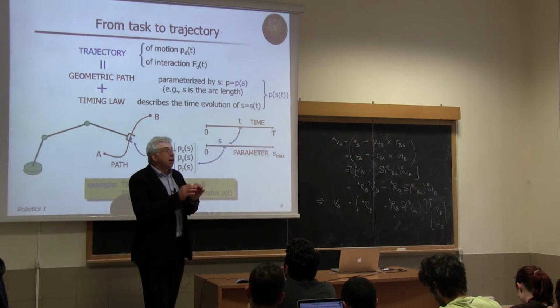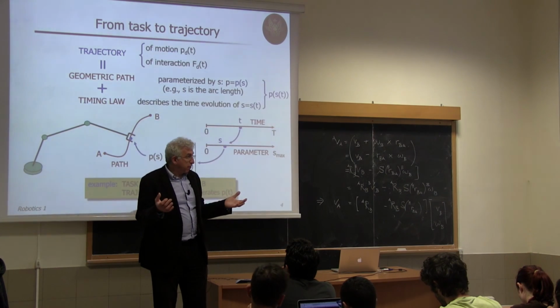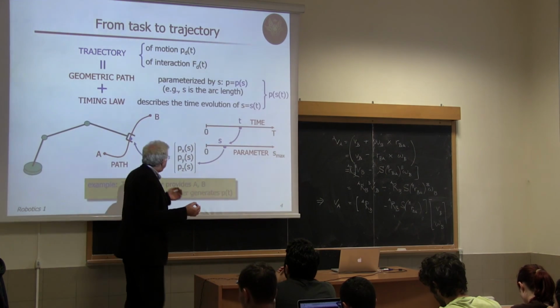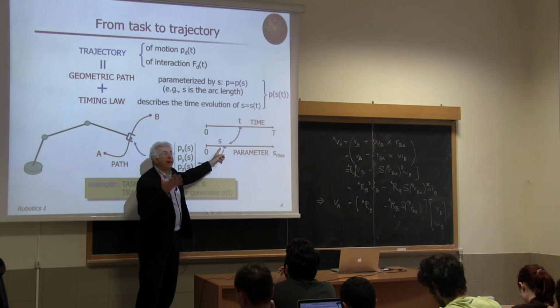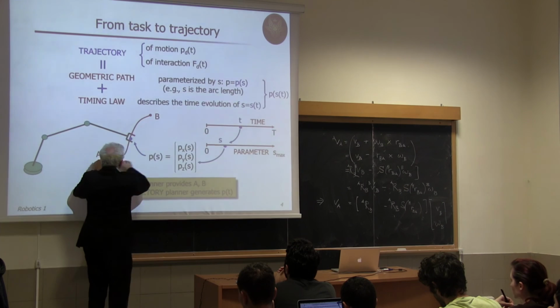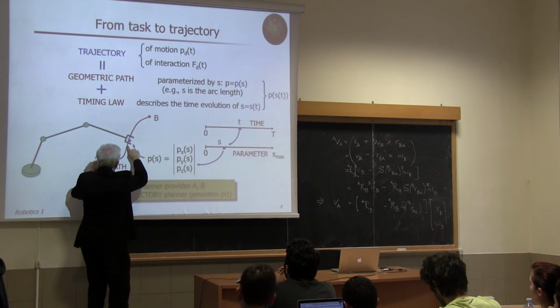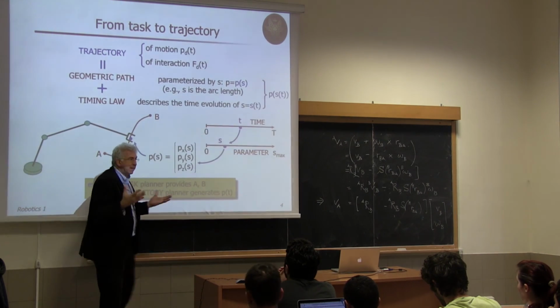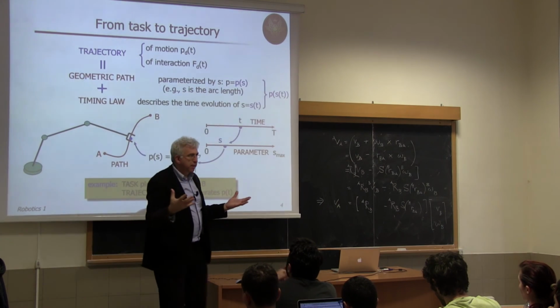I can use the arc length of the path itself, which means that if I'm at S equal 7 centimeters, it means that I'm in a point and the length of the path from start to there is exactly 7 centimeters. Okay?